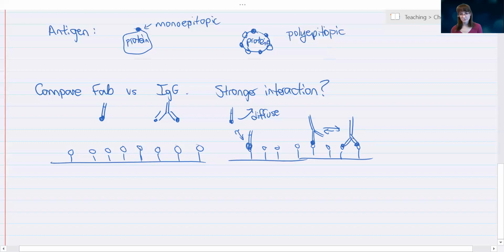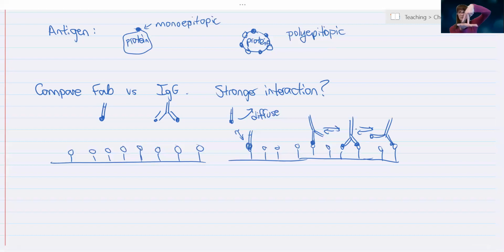That, of course, is a much stronger interaction, and it may rock back and forth on that surface, where maybe one side lets go or gets released, but the other side is still anchored. It's basically like walking on the surface but staying still, like there's always one foot stuck. And so in order for this to diffuse away, they have to both come unbound at the same time, whereas that Fab is just off and can go away right away.